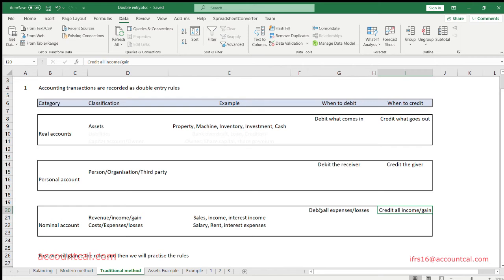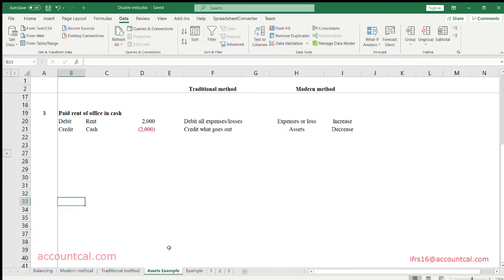So in a simple manner, it says if in any transaction you incur expense or losses, then you should debit that. And if anything increases your gain or income, then you should credit that. Let's see this in an example.